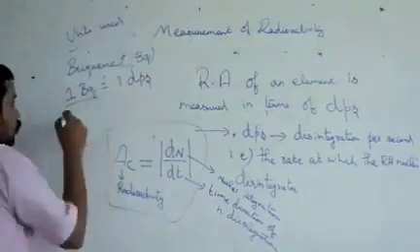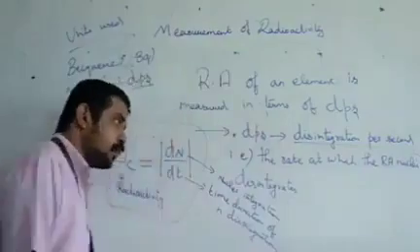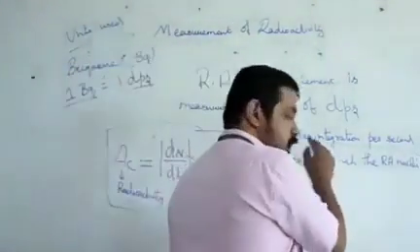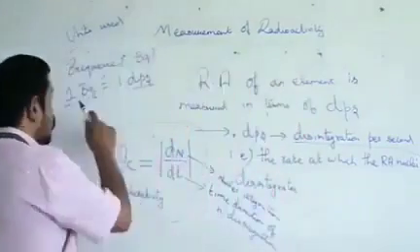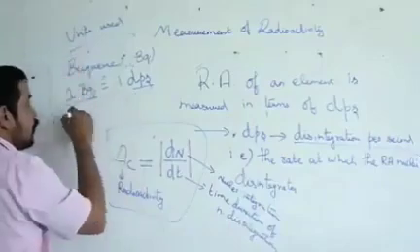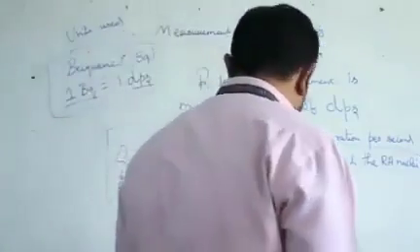Here dps is nothing but disintegration per second. Okay, dps is disintegration per second. 1 BQ is equal to 1 dps. So this is the predominant use of the unit, that is becquerel.